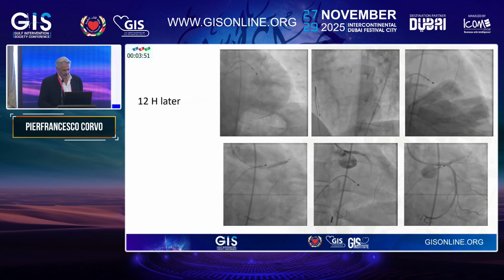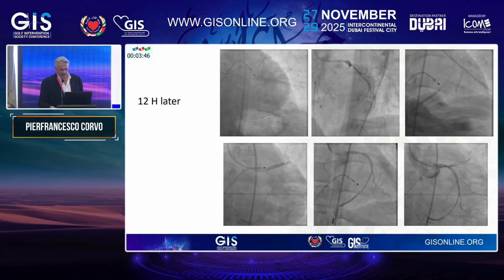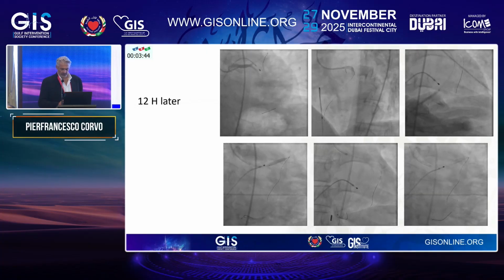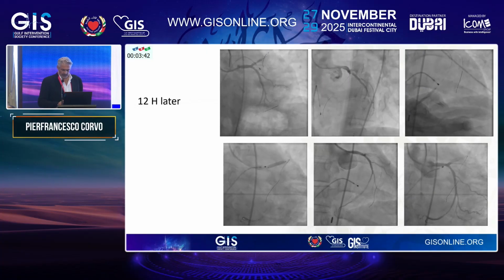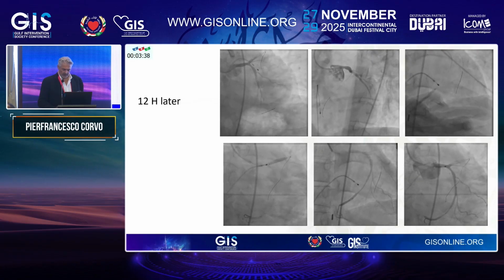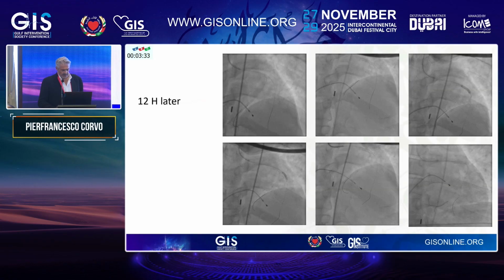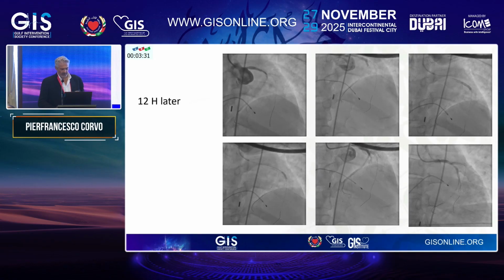The patient was not improving. Many dilatations were done on the LAD that was occluded, and on the left circumflex that was occluded as well. A minimal flow on the distal left circumflex was achieved, and the patient was coming back. But again, thrombosis of the left circumflex, thrombosis of the LAD.